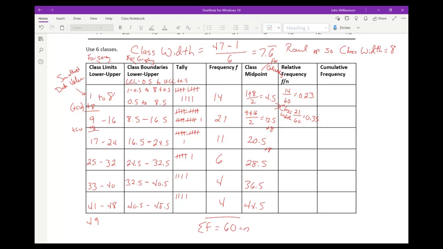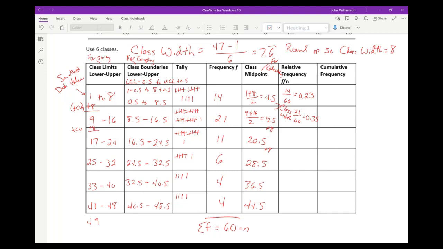Because otherwise, if you just look and say 21 people live 9 to 16 miles from Dallas, and then 121 people live 9 to 16 miles from Charlotte, well, you can't really compare that because you don't know how many people were in each sample.